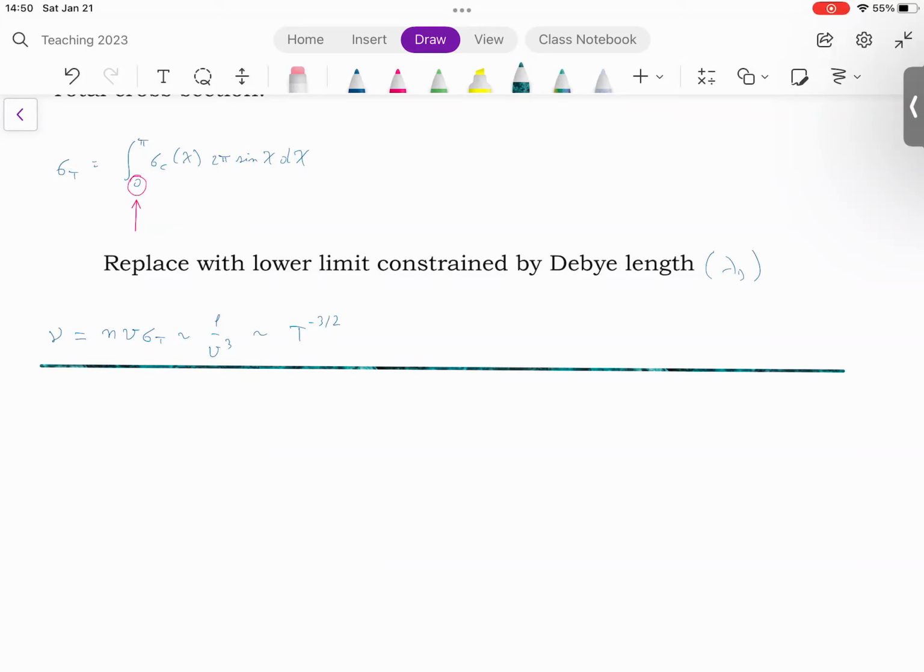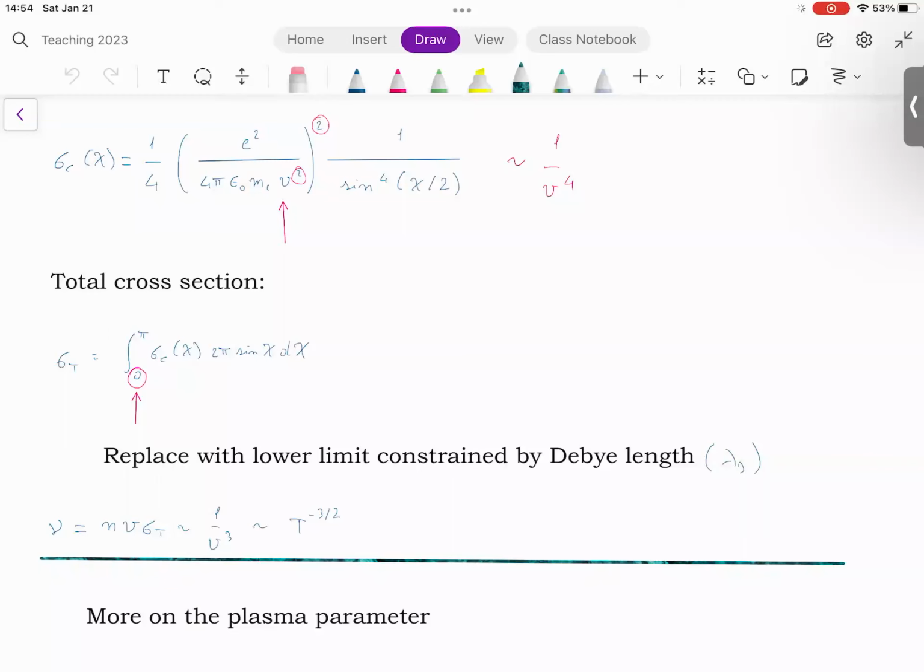So let's get back to the plasma parameter and see what it can tell us about the plasma in some other points. Okay, here we go. I typed my title. This is what we're going to talk about. And let me put a box around it. And this is what we're going to consider.